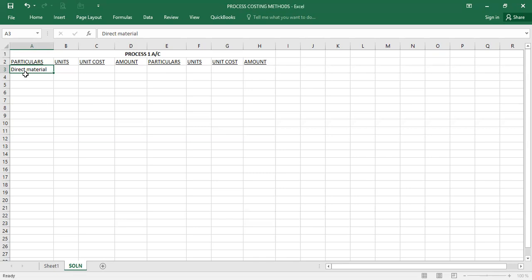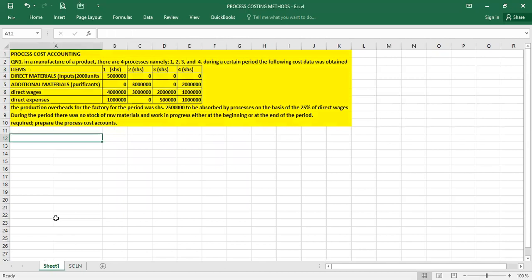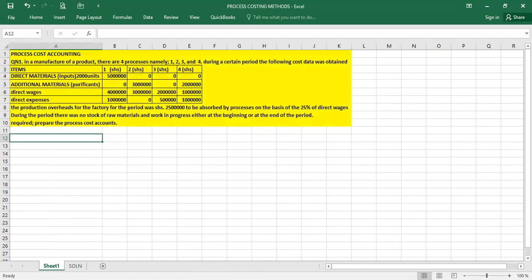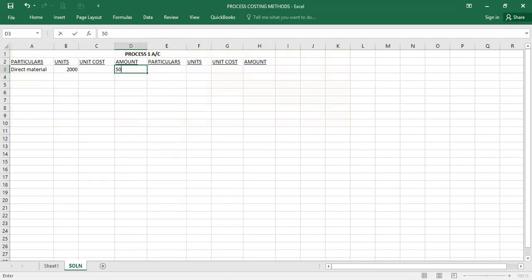They have given us the number of units, 2,000 units, valued at 5 million. We can determine our unit cost by getting the total cost and dividing by the number of units. Since we don't have normal losses, we just divide to get the unit cost, which is 2,500.